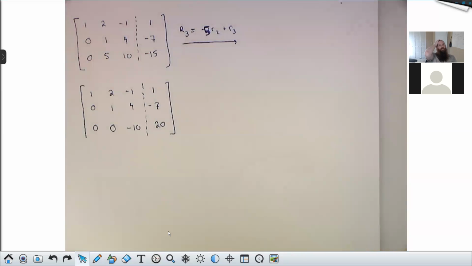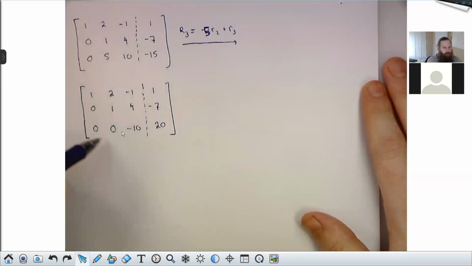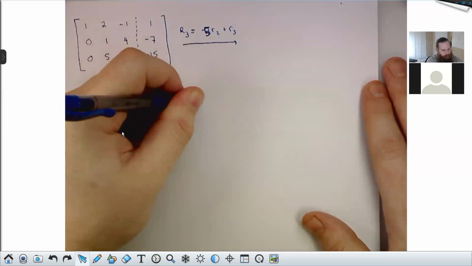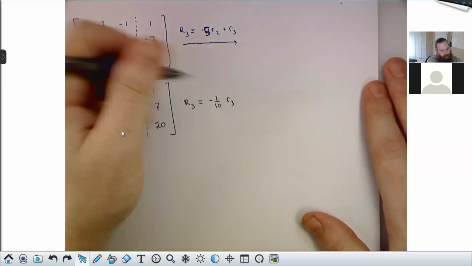So here is my almost done matrix. In fact, from this point, we could now solve. But just for fun, I said I want to make all of these ones and everything beneath it zeros. Having zeros beneath is necessary. Having these as ones isn't necessary, it's just nice. So if I wanted to, I could say my new row 3 is going to be -1/10 my old row 3.